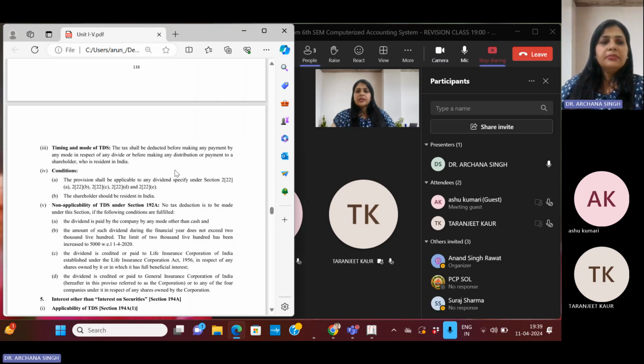Okay, so timing and mode of TDS means जो tax deductible at source है, before making any payment by any mode in respect of any dividend, or before making any distribution or payment to a shareholder who is resident in India. So before making any distribution or payment to a shareholder residing in India, TDS shall be deducted before making any payment to them.